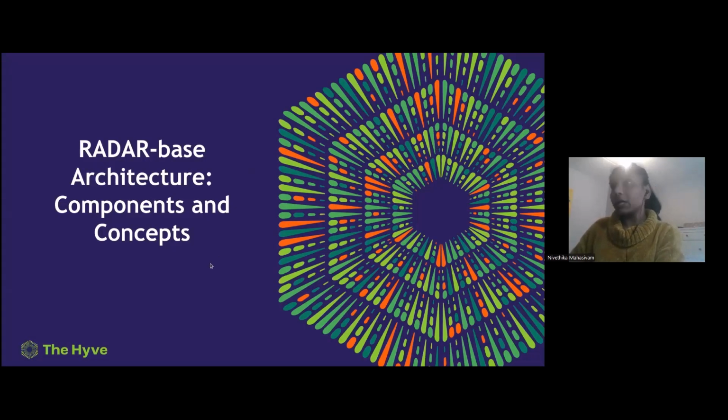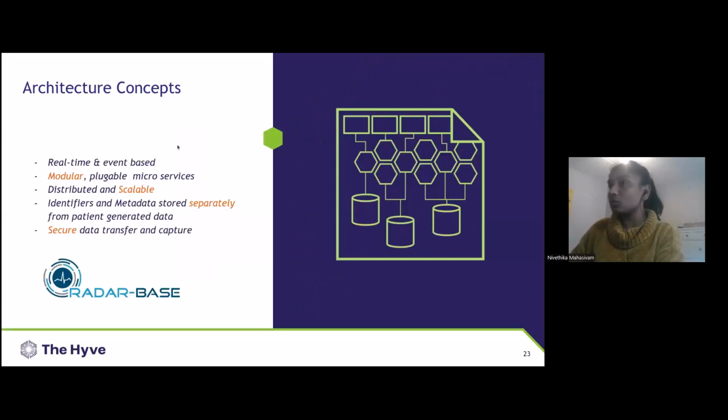So now I will dive a little bit into the architecture concepts. I won't go into too much detail. So the main concepts that we have in the platform is that it's real time, so it's event based.